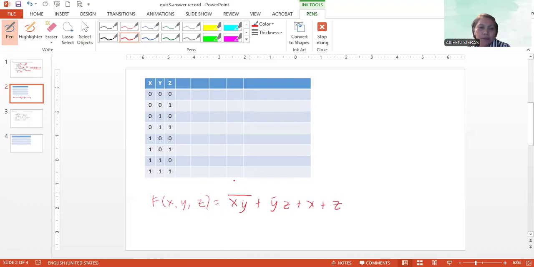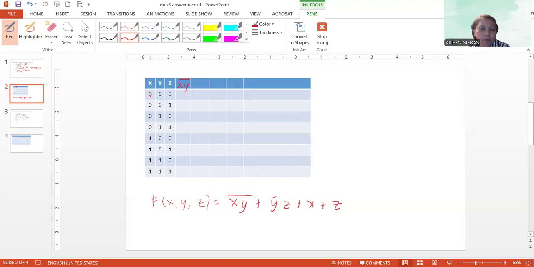Okay? So we will get the xy bar first. So this is our input x, y, and z. The next column, we put the first term, which is x, y bar, so the opposite of y.